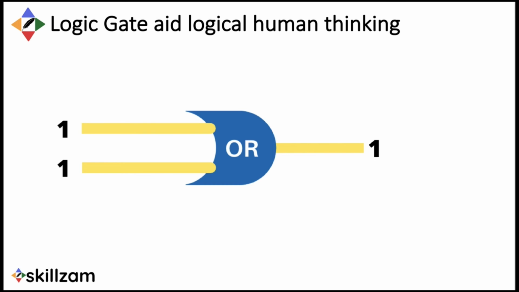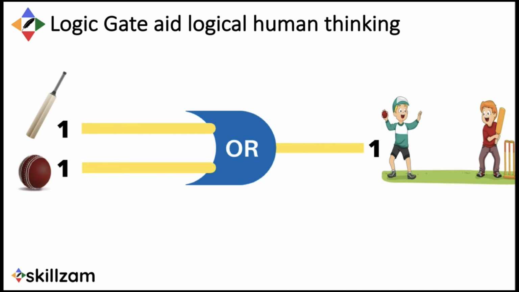An example shows one wire next to the bat and another wire next to the ball. Both wires go through a gate that says OR, and the output wire is next to the folks playing cricket sport. If I know to bat or I know to ball, then I can play cricket.